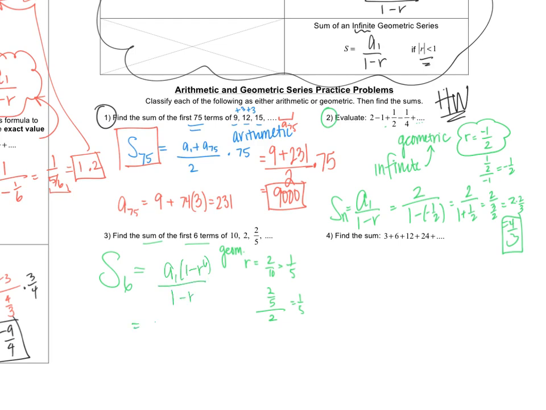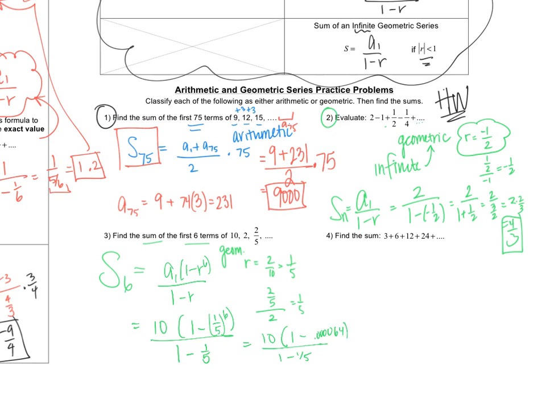So our first term is 10 times 1 minus, we're going to have to take 1/5 to the 6th power, and this will be all over 1 minus the 1/5. So 10 times, I'd want to figure out that parentheses first. You can punch it all into your calculator, but I find that a lot of students make some mistakes that way. So I find out what 1/5 to the 6th power is, and then that's going to be 1 minus 0.00064.